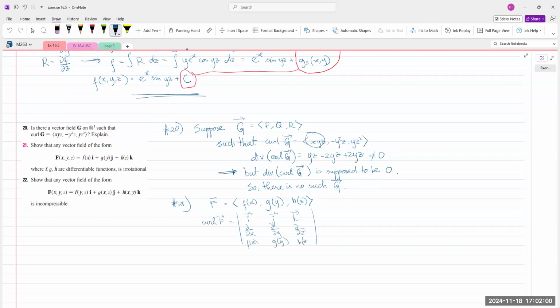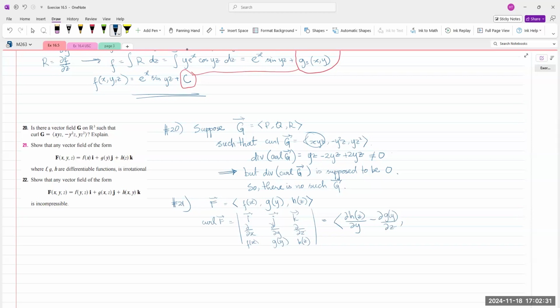Now you see that the curl becomes 0, because when you take the partial, you take it with respect to a variable that it does not depend on. For example, the first component will be the partial of h, which depends on z, with respect to y. That will be 0, right? Minus the partial of g with respect to z.